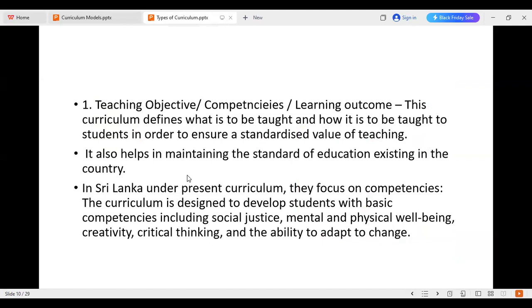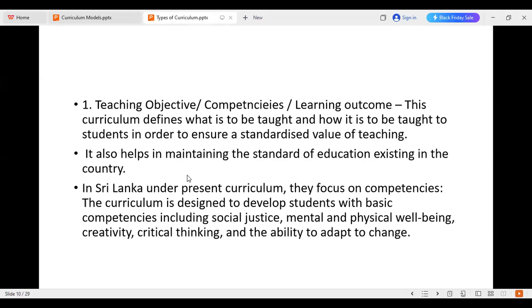Before 1997, when teachers were getting ready to implement the formal curriculum at school level, classroom level, they wrote objectives, teaching objectives, and specific objectives.